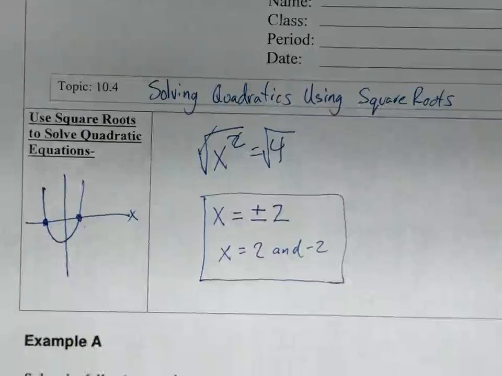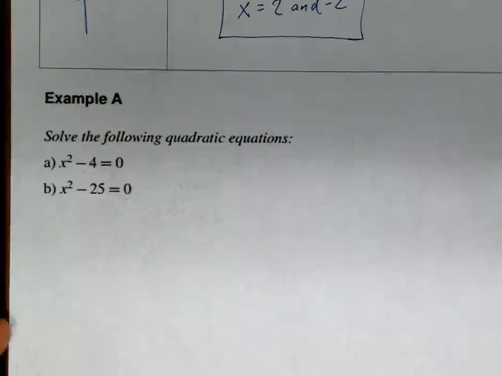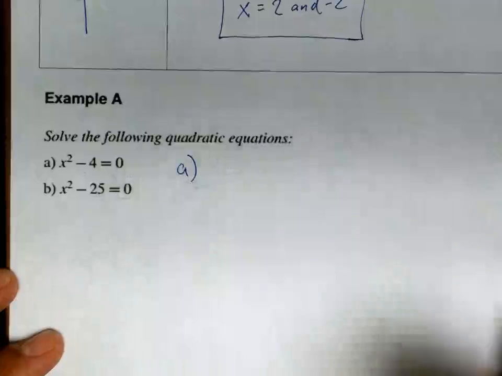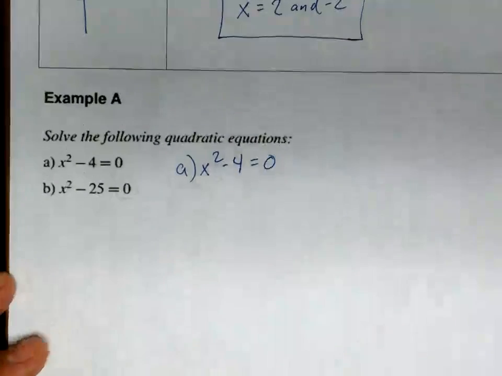Okay, so example A. Feel free to pause this at any point if you need to write stuff down. Letter A: x squared minus 4 equals 0. Notice this equation, you're going to solve it just like you would any equation. For x, we need to get x all by itself.